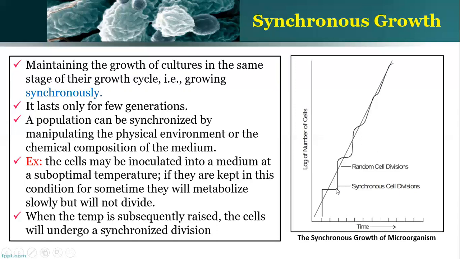There is no growth. And once you transfer again to the optimal temperature condition, rapid growth occurs. So alternatively, if we change the physical environmental condition of incubation of the medium, then you can obtain synchronous growth of the bacteria.